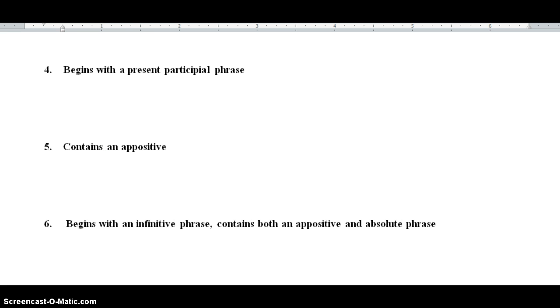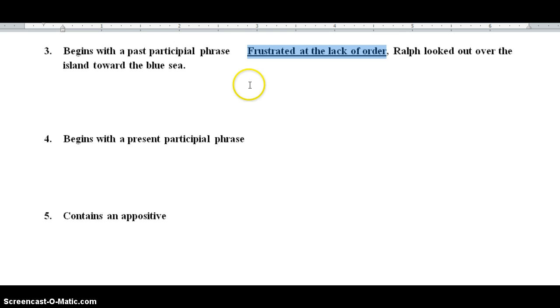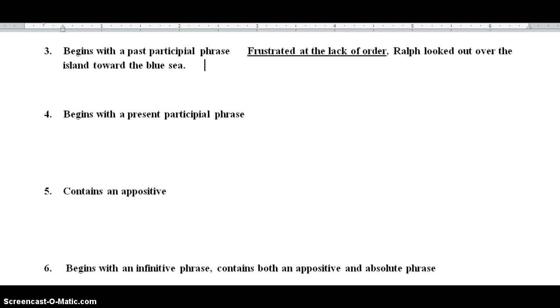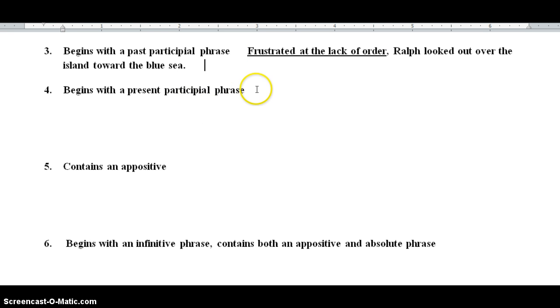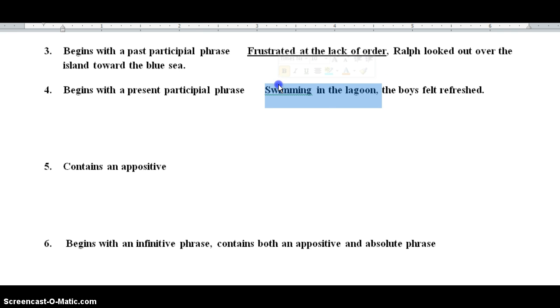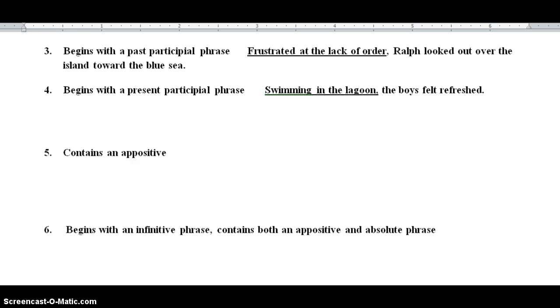Okay, moving down a little bit, similarly with the present participle, that would just be an ing verb. But as a present participial phrase, we could have, swimming in the lagoon, the boys felt refreshed. Okay, here is our present participial phrase. It describes the boys. It's a good sentence.